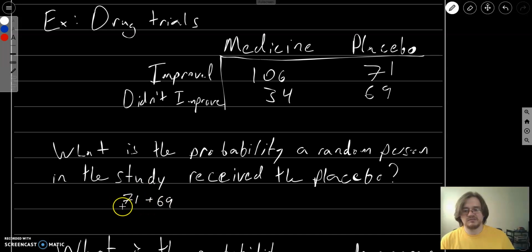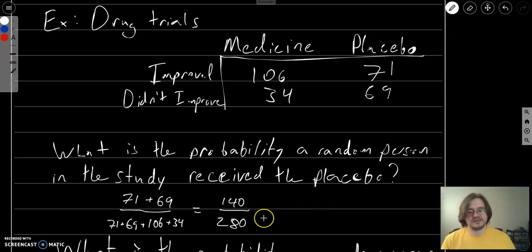So this is the total number of people that received the placebo, and we'll divide by the total number of people in the study. Well, there were 71 people that received the placebo, plus another 69 people that received the placebo. There were 106 people that received the medicine and improved, and another 34 people that received the medicine and didn't improve. So in total, there were 140 people that received the placebo out of 280 people in the trial.